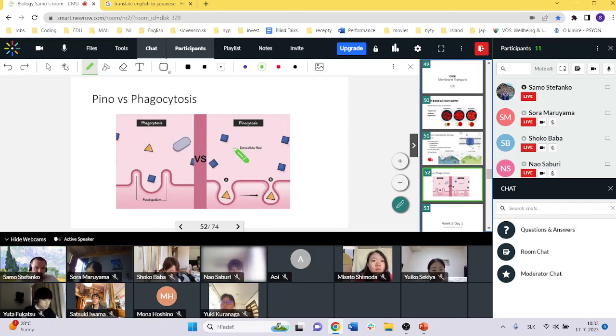Here it's phagocytosis. We are able to see pseudopodium. Pseudopodiums are exactly like hands or kind of limbs. Basically, those are structures formed from the cell membrane.